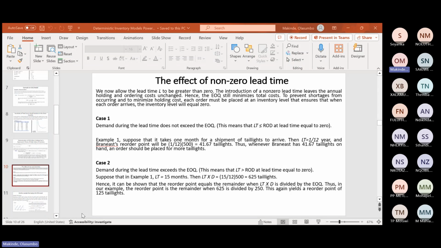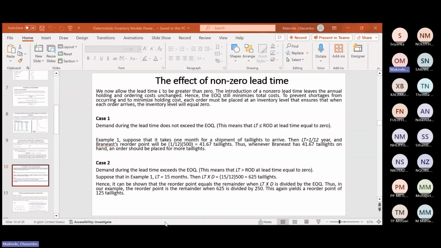But when you reorder is where the formula changes. Remember, for the first example, when the lead time is 0, our reorder point is EOQ over D. That is applicable when the lead time is 0. If it's not mentioned, the lead time is 0. But if the lead time is a particular value, that formula will no longer work.